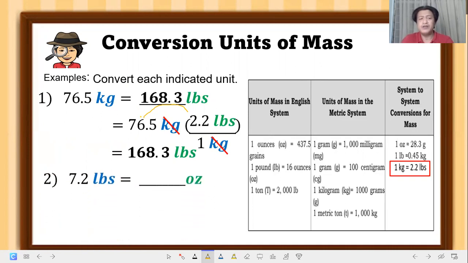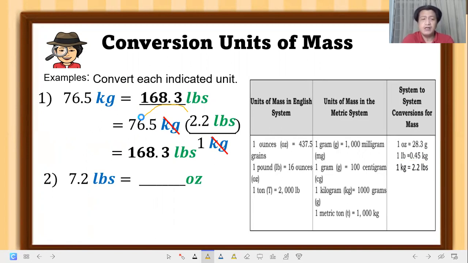7.2 pounds is equal to how many ounce or ounces, no? Okay. So, meaning to say, i-rewrite muna natin siya, but take note, ano yung kailangan natin gamitin conversion factor. From pounds kasi going to ounce, that is directly. Ibig sabihin, isang conversion factor lang siya. Yun yung 1 pound is equal to 16 ounces.